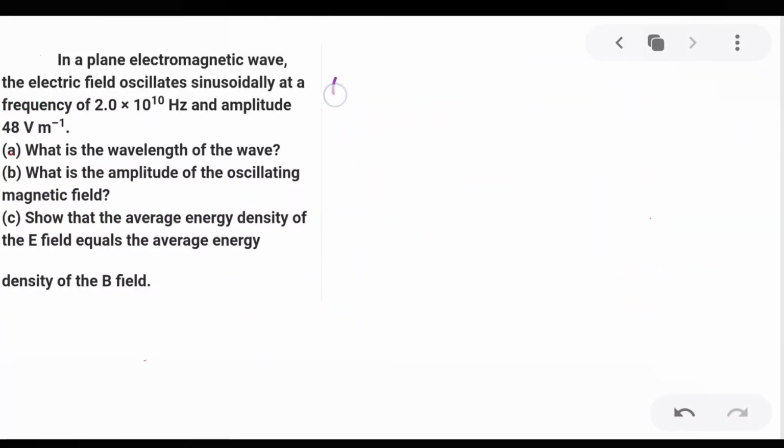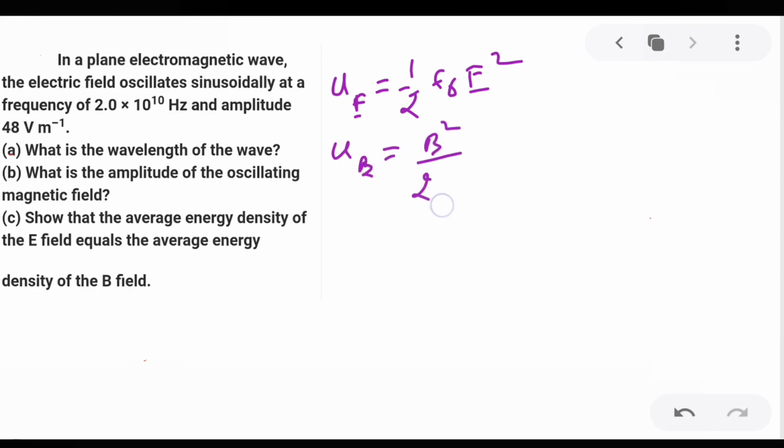Now the energy density in the electric field is half epsilon naught E square. And the energy density in the magnetic field is B square by twice mu naught. Now we have to show that these two quantities are equal.